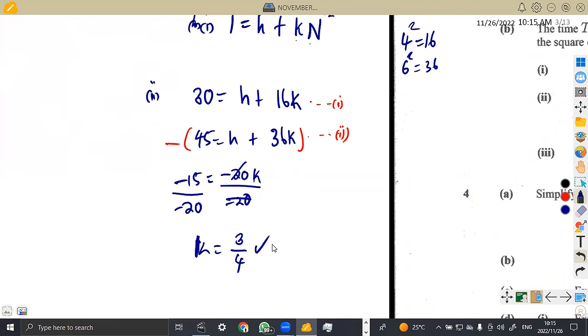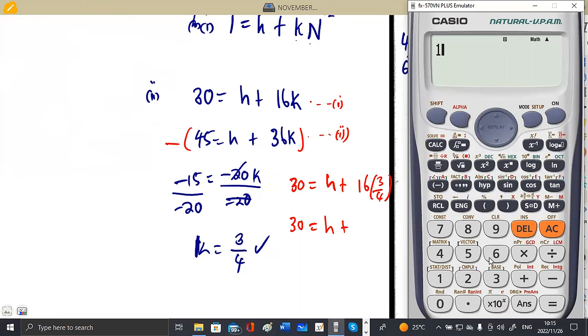So to find the value of h, now you can substitute into any one of the given equations. You can substitute into the first equation, since we are given that 30 is equal to h plus 16k, with k as 3 over 4. So 30 is equivalent to h plus 16 times 3 over 4. You can use your calculator. 16 times 3 over 4 is going to be 12.